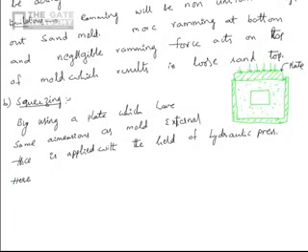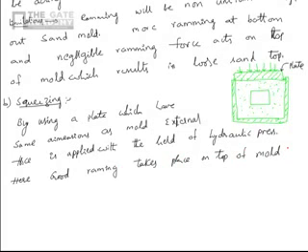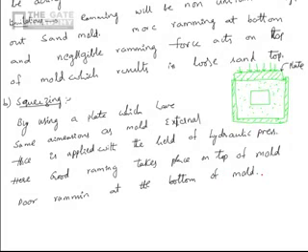So here good ramming takes place on the top of the mold, and poor ramming at the bottom of the mold. It is exactly the reverse of jolting.